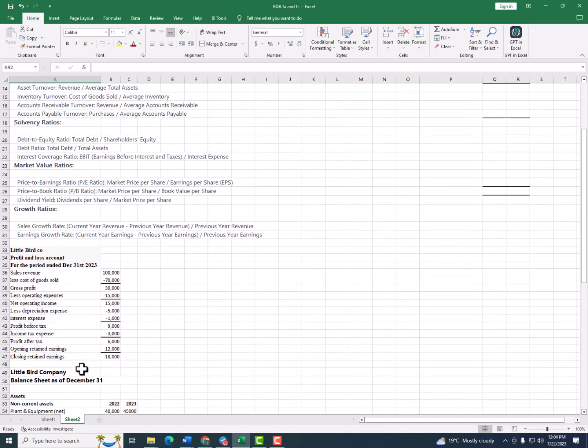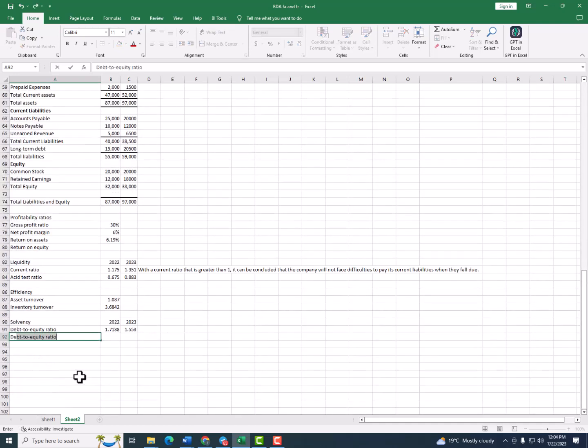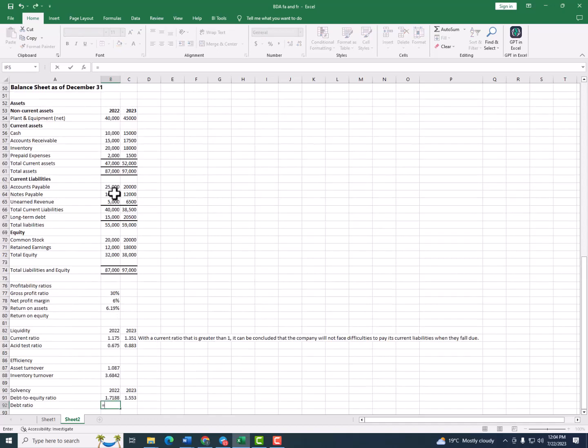The next one is the debt ratio, which is total debt by total assets. Say debt ratio equals total debt, which is total liabilities, by total assets, which is B61. Hit tab, then you can drag it as such.